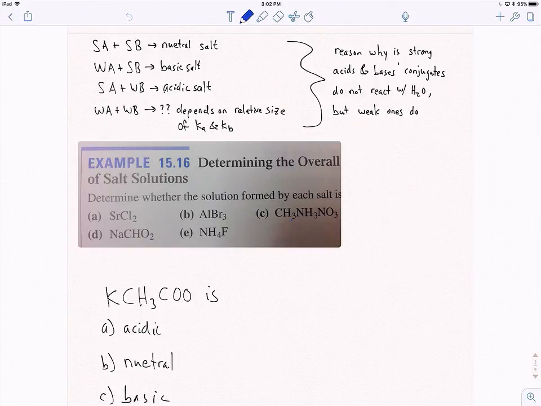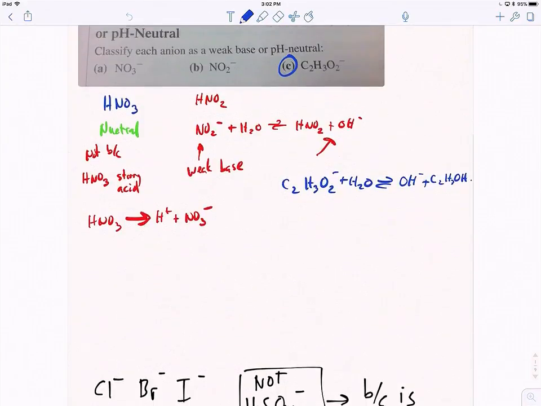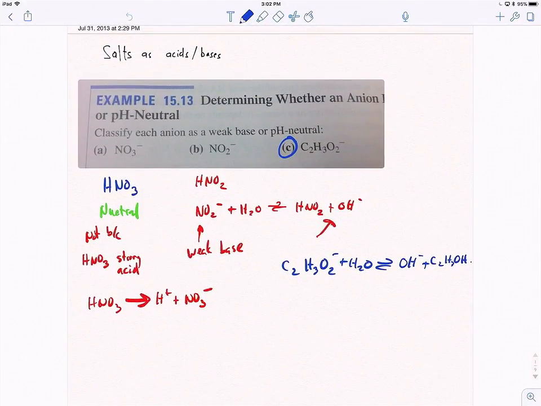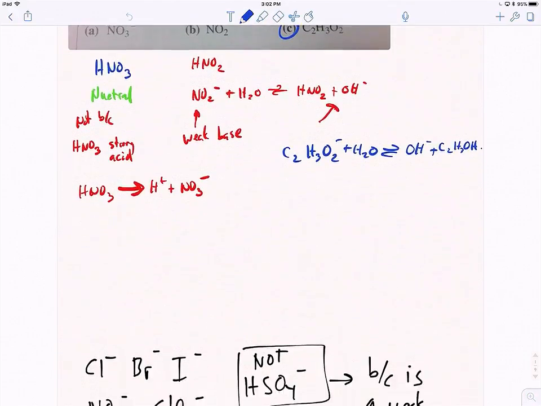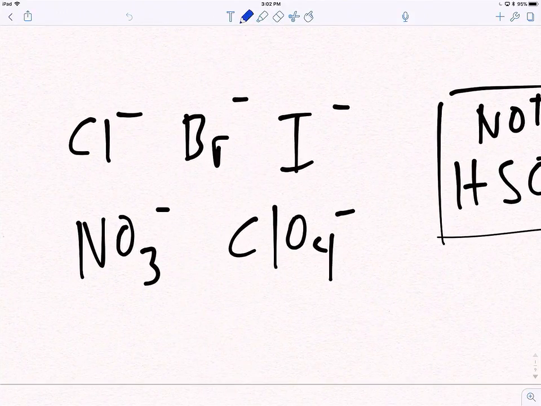Okay. So this is where we left off in the notes. We talked before about the salts, or I should say anions. If anions are weak base or pH neutral, the only ones that are pH neutral are right here: chloride, bromide, iodide, nitrate, perchlorate.